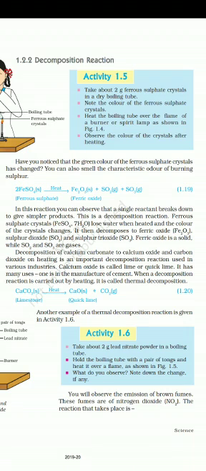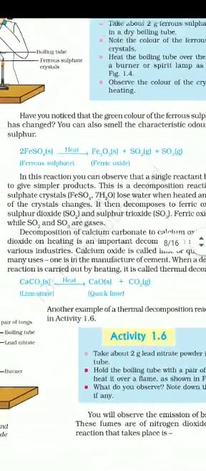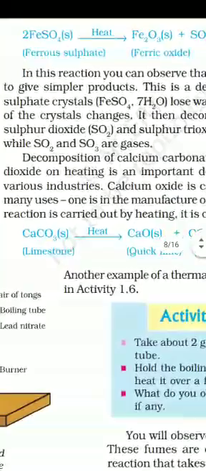Same with calcium carbonate. When we go with thermolytic decomposition of calcium carbonate, we get calcium oxide and carbon dioxide gas. If you remember, in the last lecture I told you that another name of calcium oxide is quicklime. Here you can see that we have heat on the arrow.